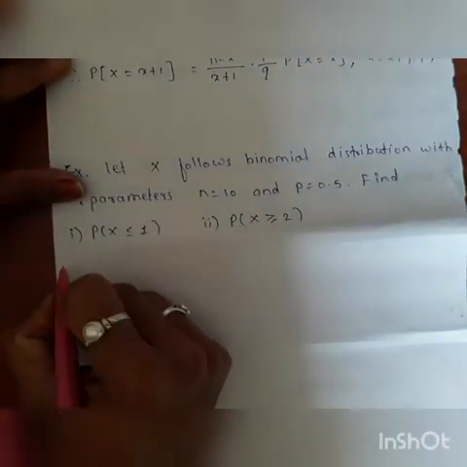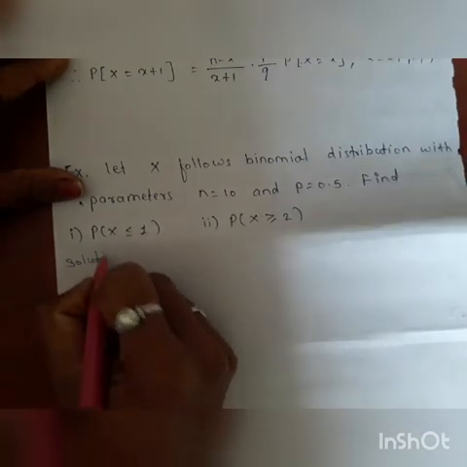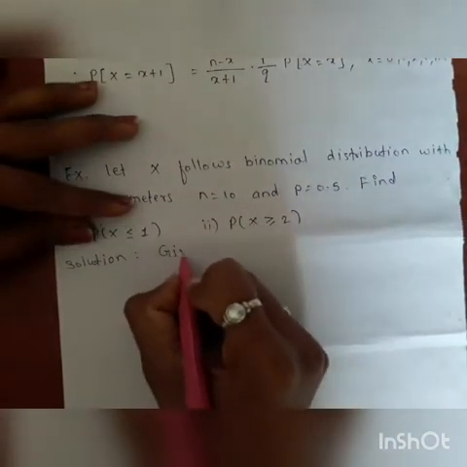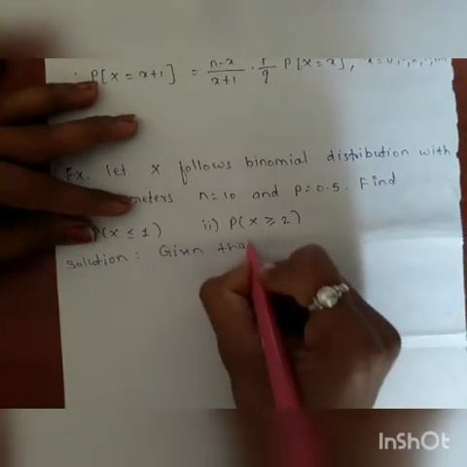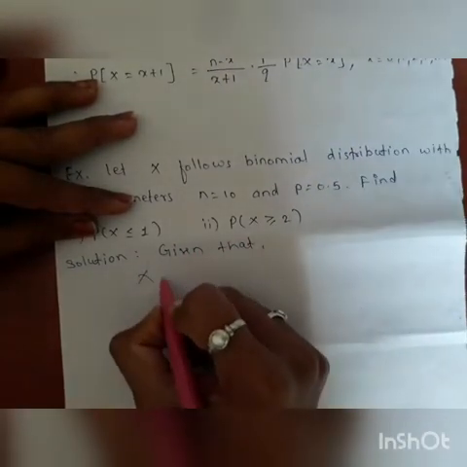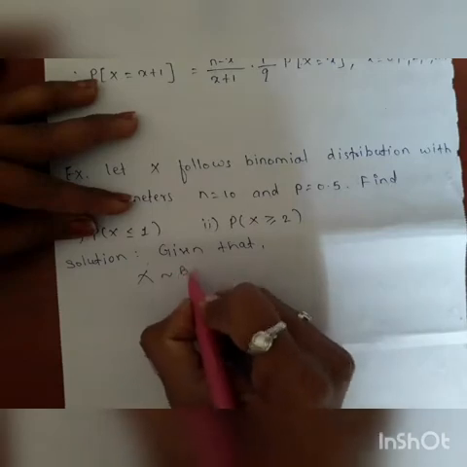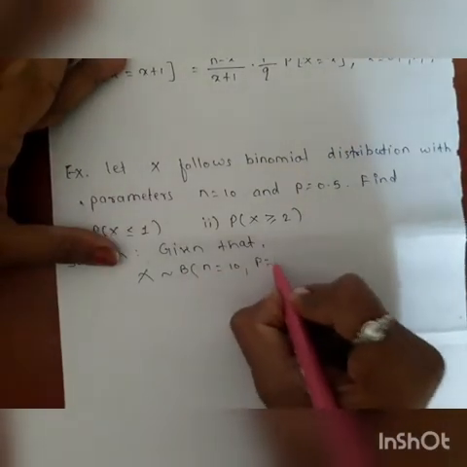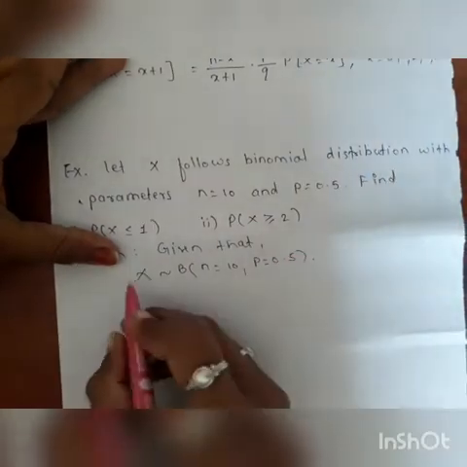Solution. Given that X is related to B(n, p), that is, n is equal to 10 and p is equal to 0.5.